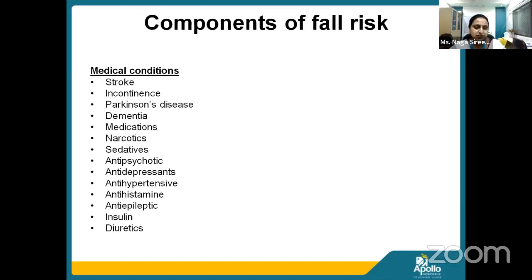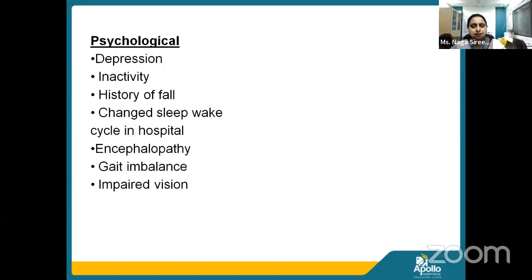In that, which are the medical conditions? Stroke, incontinence, Parkinson's disease, dementia. Medications: narcotics, sedatives, antipsychotics, antidepressants, antihypertensives, anti-epileptics, insulin, diuretics. Coming to the second type: the psychological aspect, where sometimes the patient will be depressed, and sometimes the patient is an immobile patient.